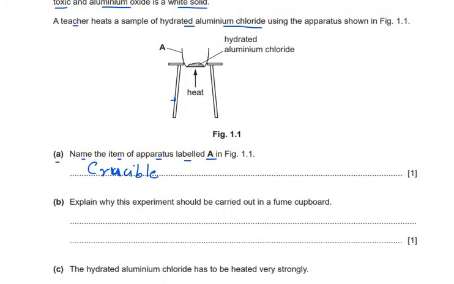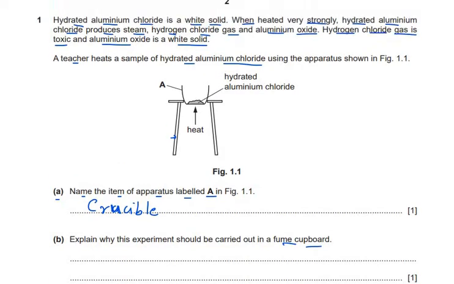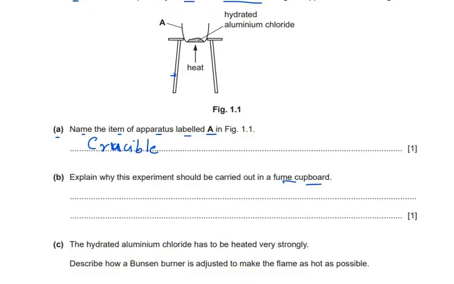Explain why this experiment should be carried out in a fume cupboard. Now if we are talking about a fume cupboard, that's generally done when a toxic gas is produced during the experiment. So here if you look at hydrated aluminium chloride, when heated produces what? Steam, hydrogen chloride gas and aluminium oxide. Now this is a solid, that doesn't make any difference. Now hydrogen chloride gas is toxic, it's harmful, and that's the reason that we perform this experiment in a fume cupboard.